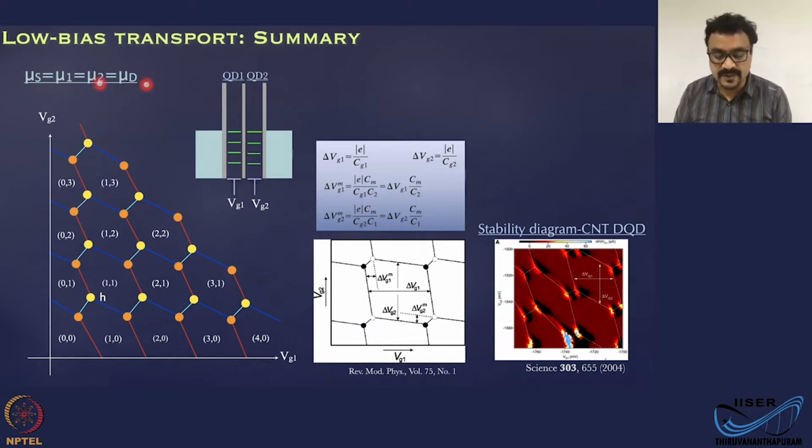These are pretty close, and the overall source-drain bias applied across the dot is pretty close to zero. It's a low bias regime. And what we found is that in the VG1, VG2 space, you have hexagonally arranged points of non-zero current, and inside the hexagons the current is zero.